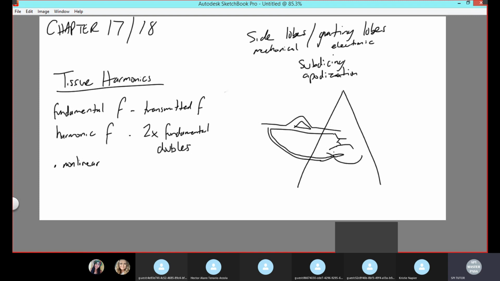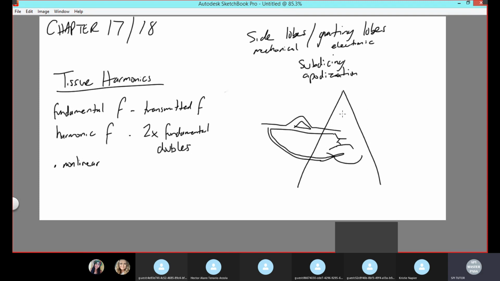I think I've seen it a few times in echo. I think I've seen more refraction artifact in echo actually, which is crazy because I never thought I would see it. But yeah, so what you're looking for is a little extra piece of reflection that looks exactly like another piece from the side and is placed right down the middle.